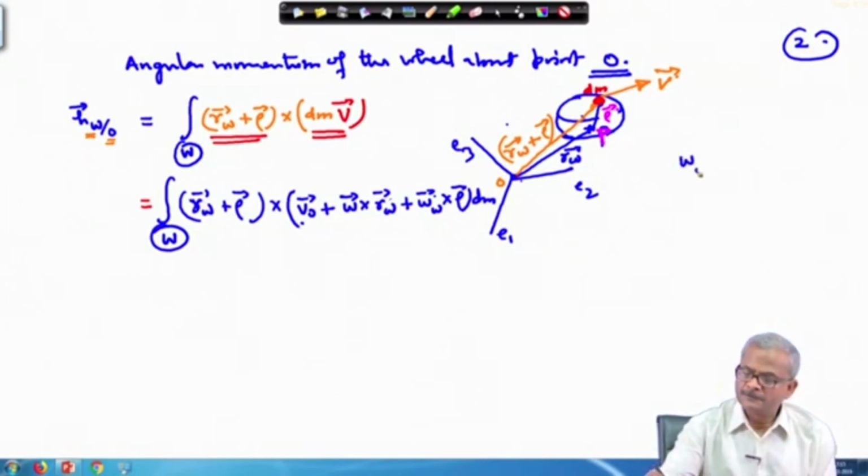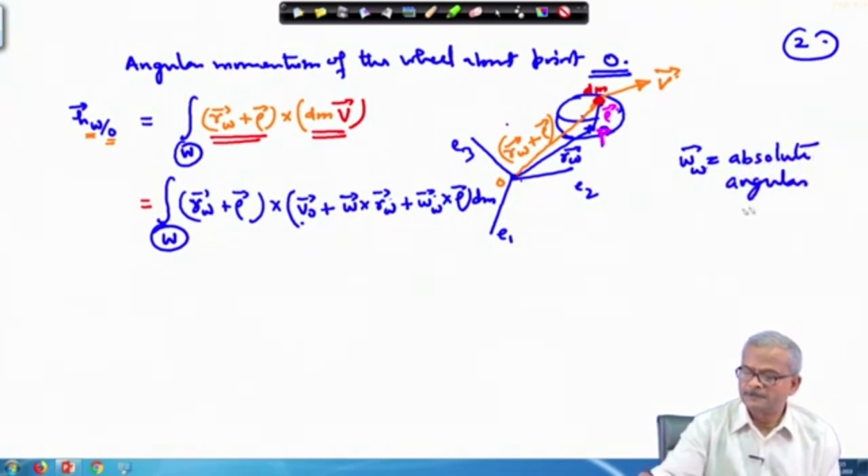Okay. So, w is your absolute angular velocity of the wheel.